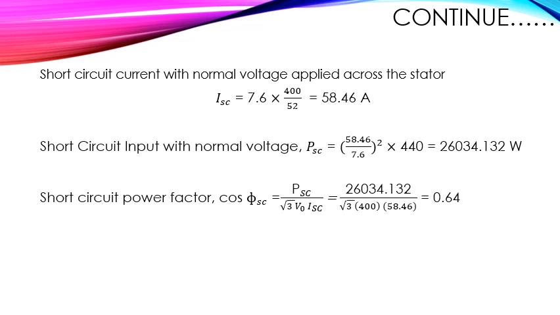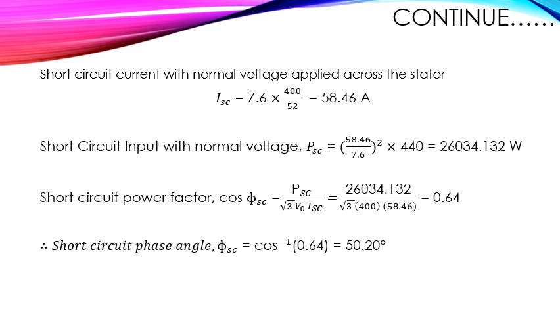Then the short circuit power factor, cos phi SC, is equal to PSC by root 3 V0 ISC. Just putting in the values gives the short circuit power factor as 0.64. Then for the short circuit phase angle, take the cos inverse of 0.64. Then we get the short circuit phase angle as 50.20 degrees.